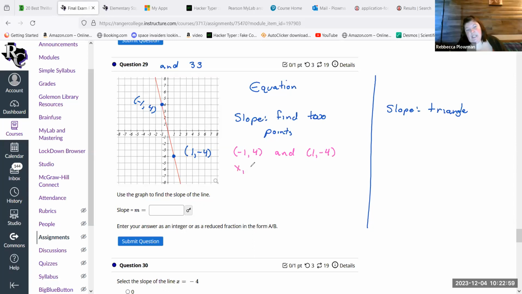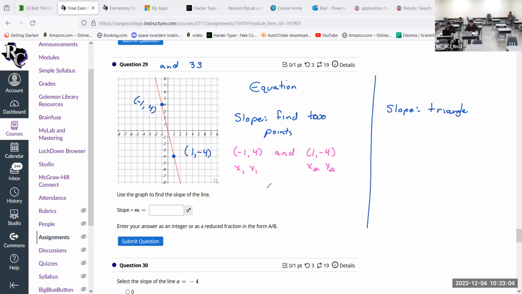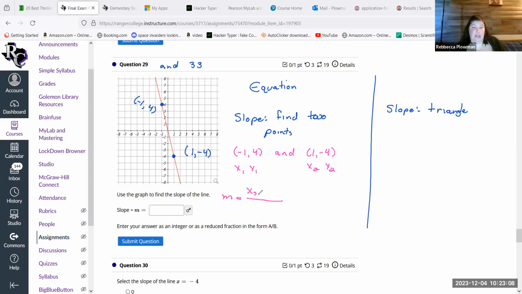So we label these points x1, y1, x2, y2. And slope is just going to be your y2 minus your y1, over x2 minus x1.